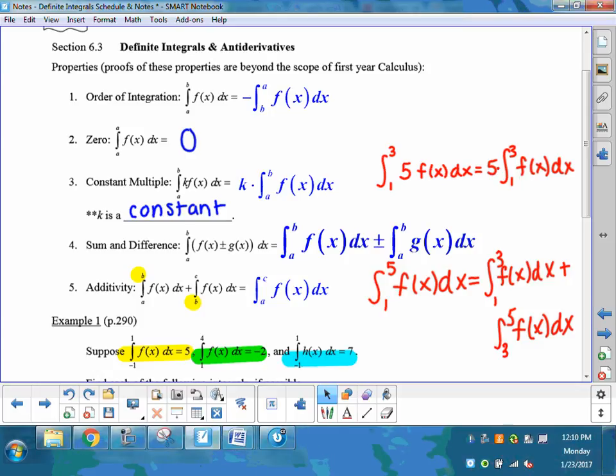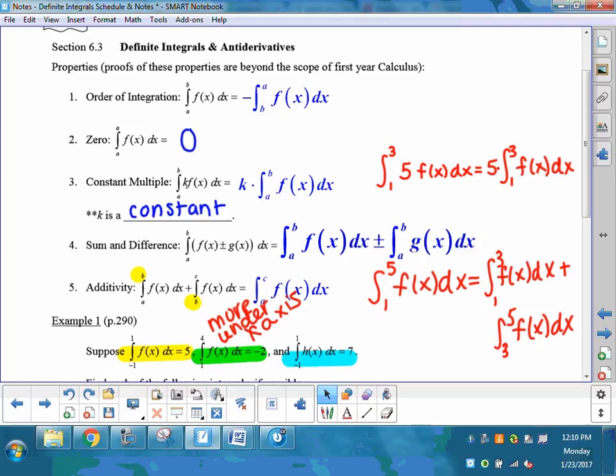Yeah, this just means that there's more of it under the x-axis than above it. And we know that if we go from -1 to 1 of h of x, it works out to be 7. So notice, the first two deal with the same function, the third one doesn't.